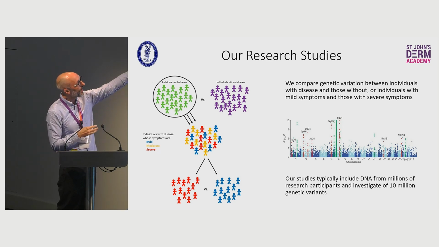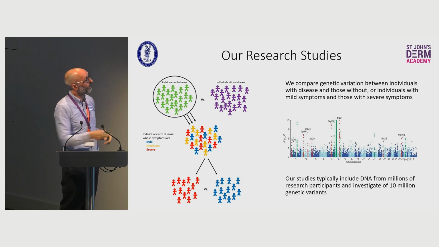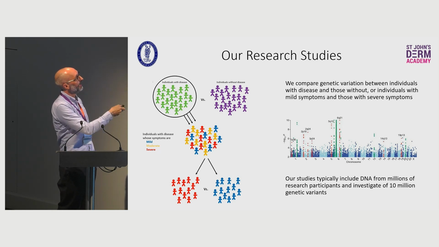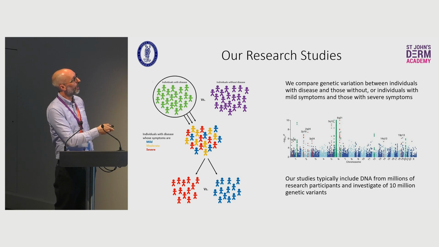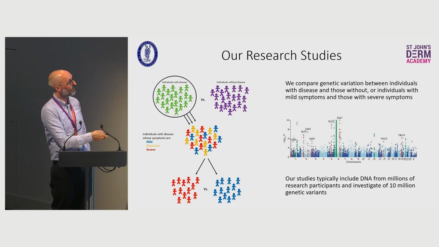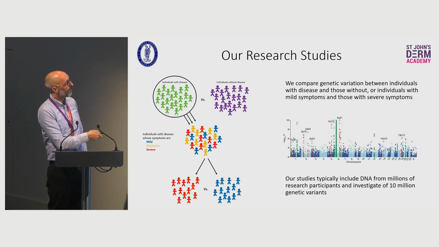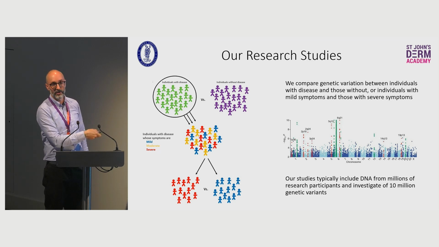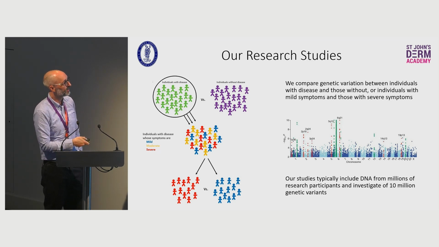One way we might do this is comparing individuals with disease to individuals without disease. Alternatively, we can look at individuals who do have disease, but pull out the individuals who have severe disease and compare those to individuals who have mild disease.